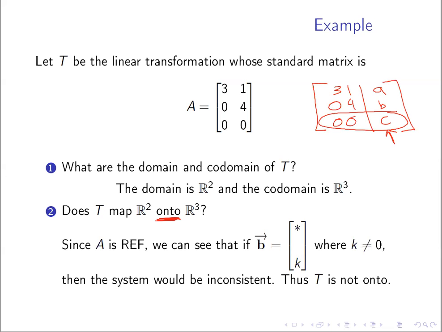Because we're already in row echelon form, we know that for any b, where I don't care what, if that last term is not 0, then the system is inconsistent, so there's no solution. Therefore, it is not onto.